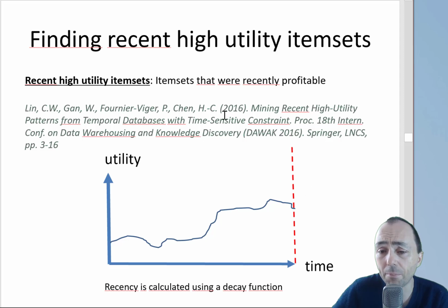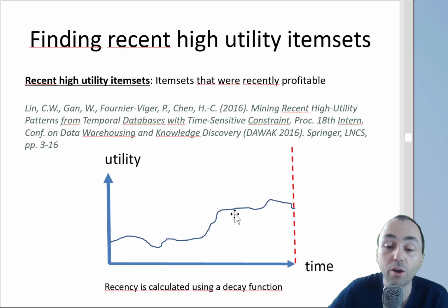In a paper we did a few years ago, we tried to find the recent high utility itemsets. That means the sets of products that recently made a lot of money in a store. So here I show you, for example, a picture. We have the time and we have the utility. Let's say this is for products like apples. We can see that the utility may change over time.